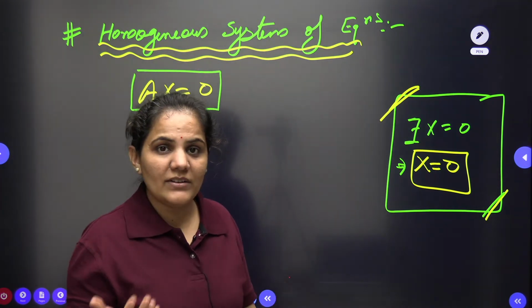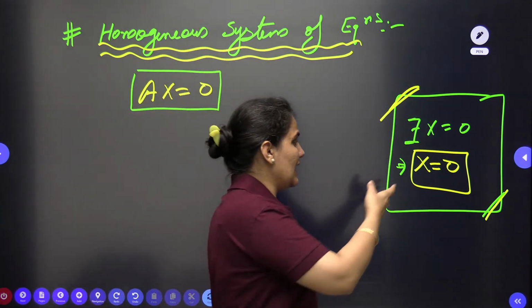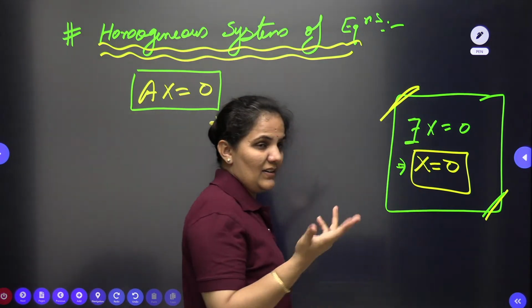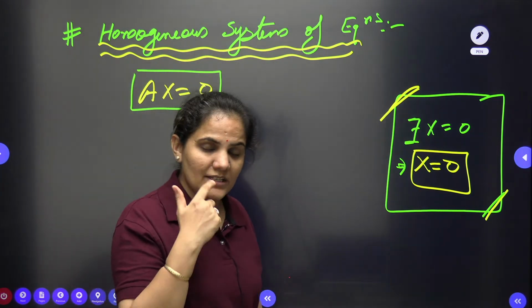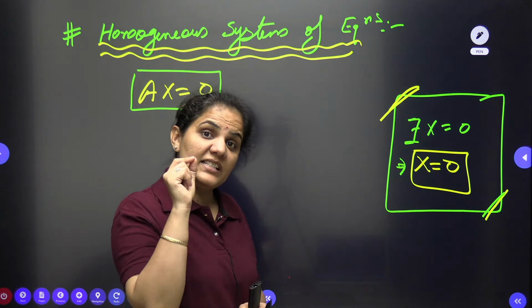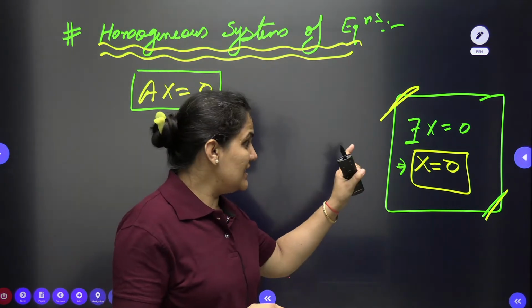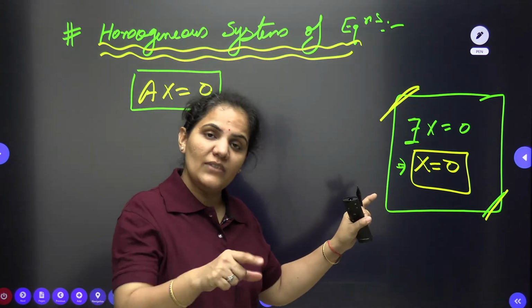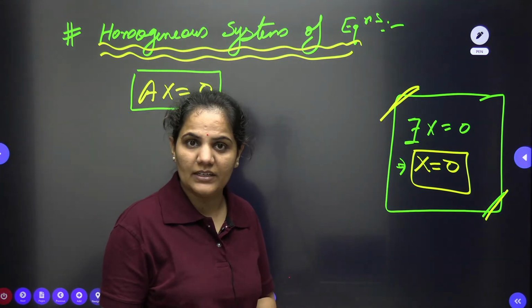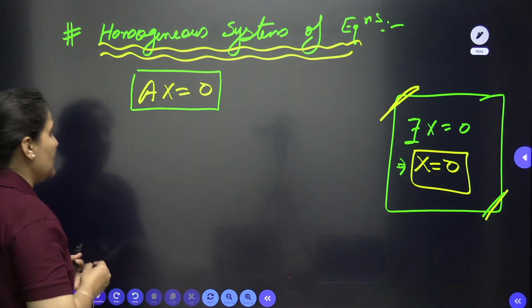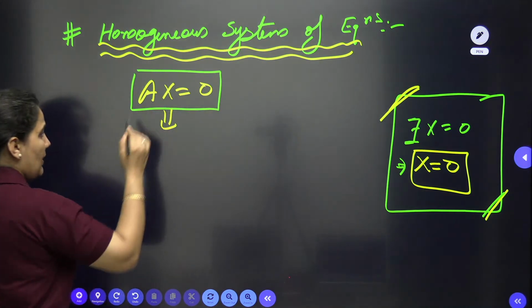So when I put x is equals to 0 here, it will be the same, LHS is equals to RHS. So we can say that this x is equals to 0 is always a solution of this equation.